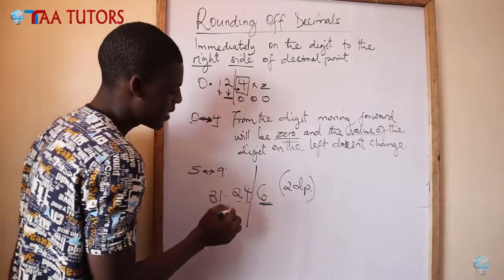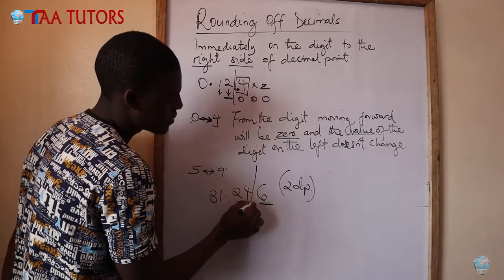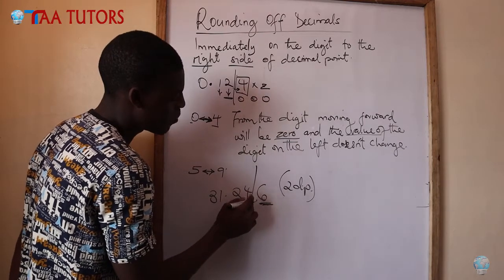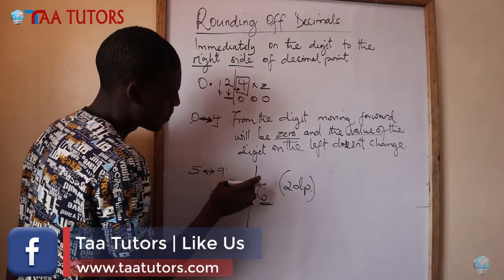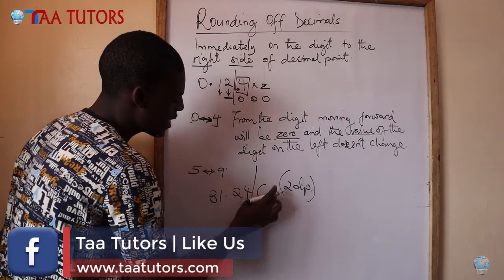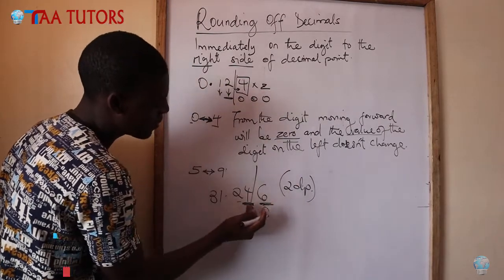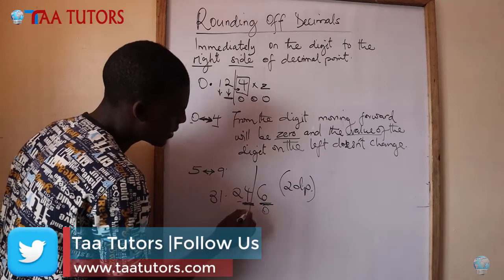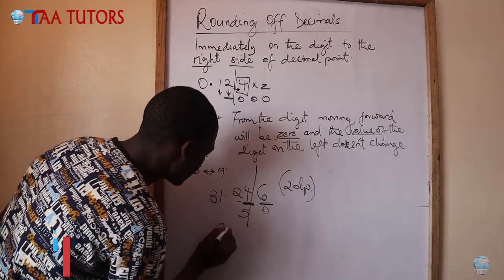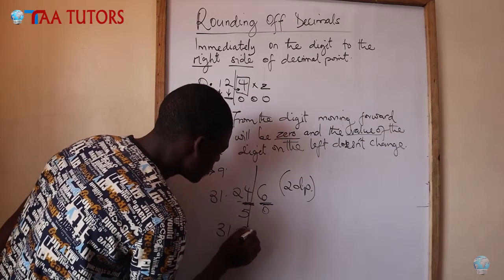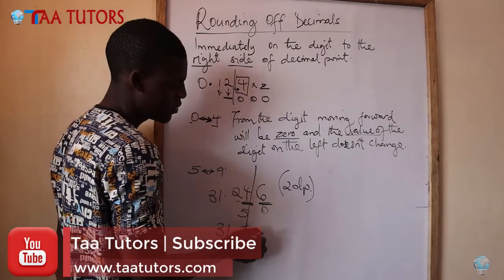So the previous digit will change its value by increasing by 1. In this case we have 4, so when we round off, this one will be 0, but the previous digit will increase by 1 to 5. So our answer will be 31.25.